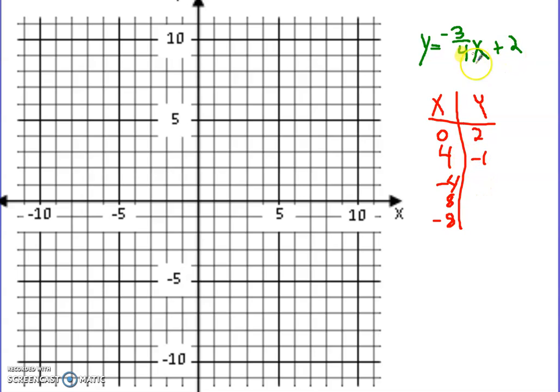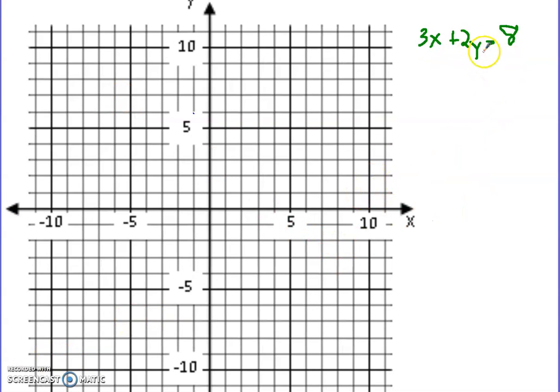No fractions. You plug -4 in, you're going to get 5. Again, no fractions. I'm going to stay with those three numbers. And if I graph it, it does make a line right here. Again, that denominator is a big clue.